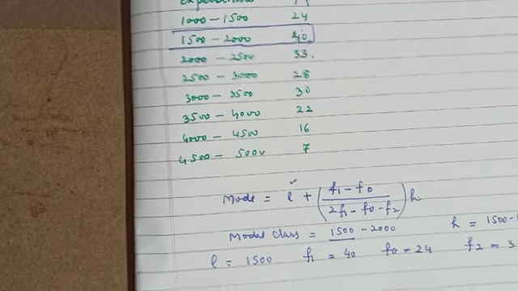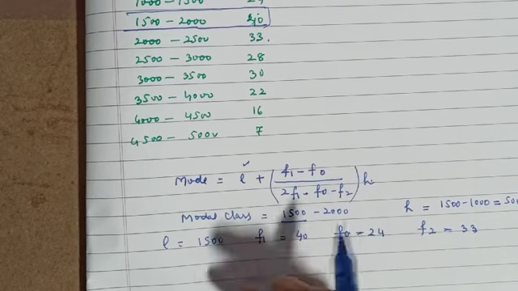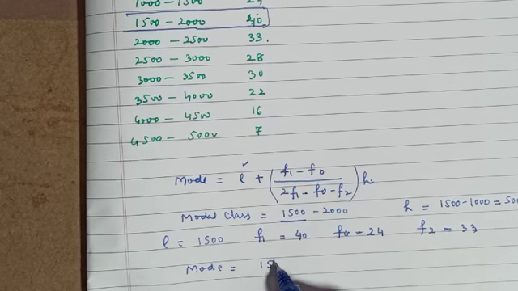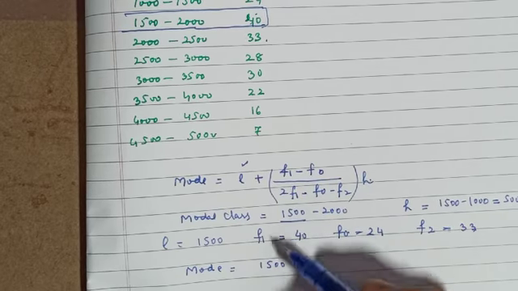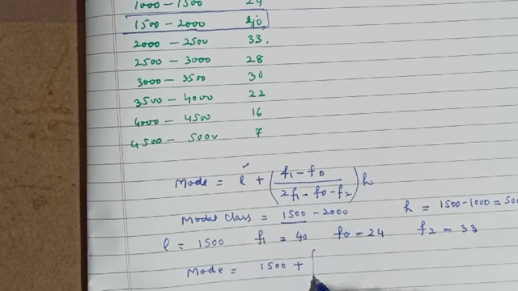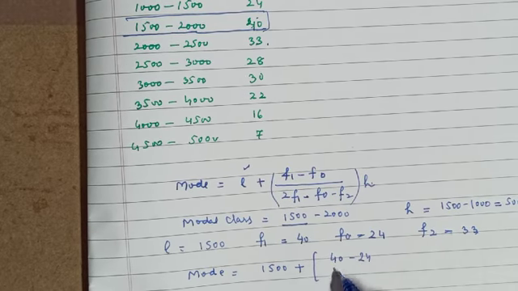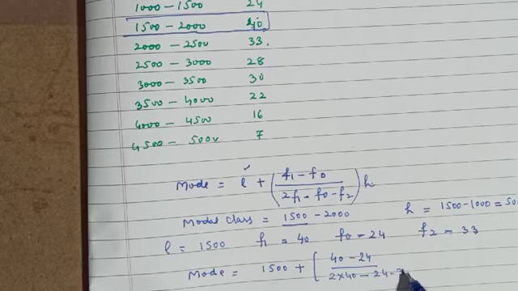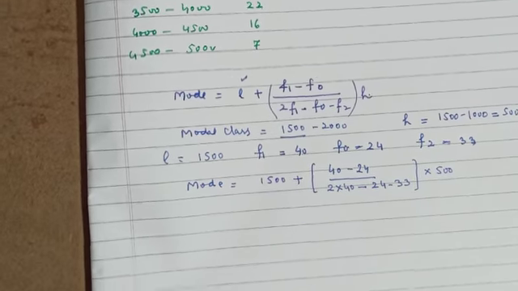Now when we put the values of the given numbers in the formula, we have mode equals 1500 plus, F1 is 40, minus 24, divided by 2 into 40 minus 24 minus 33, multiply 500.